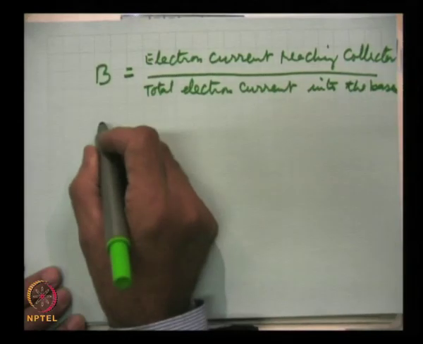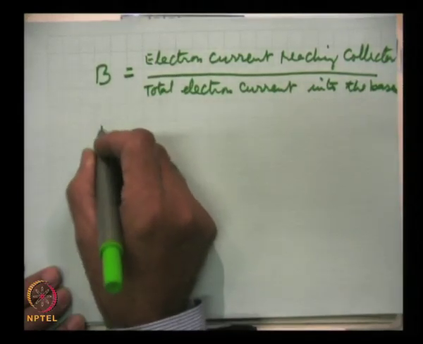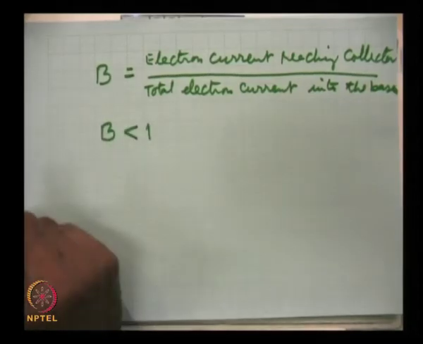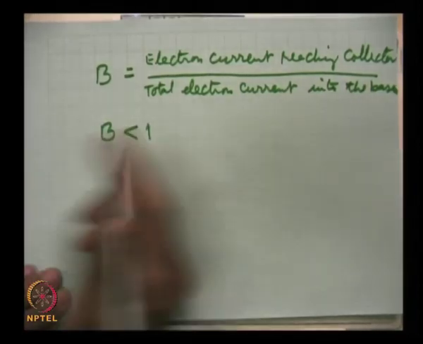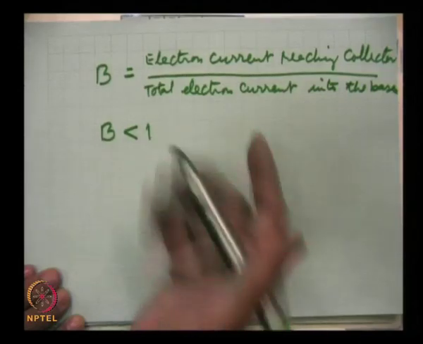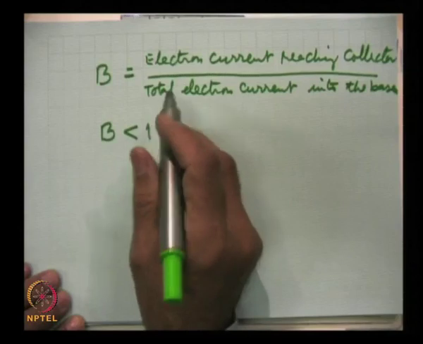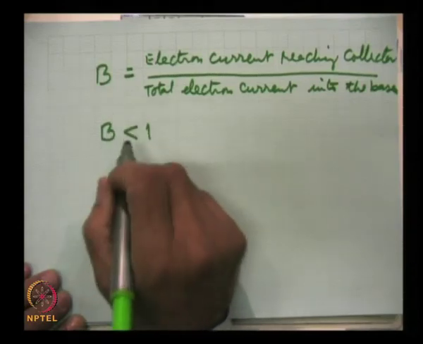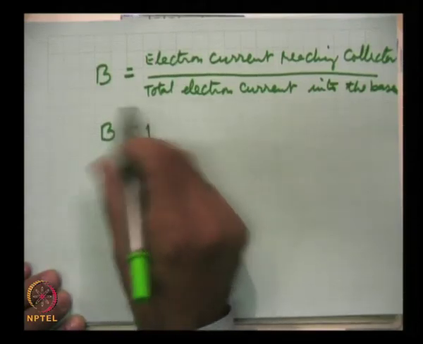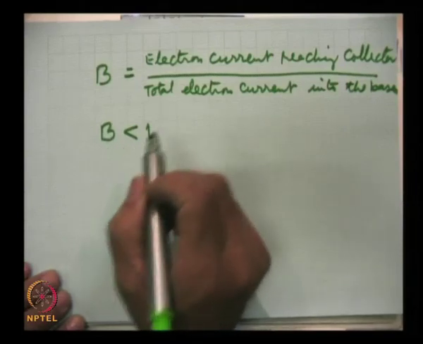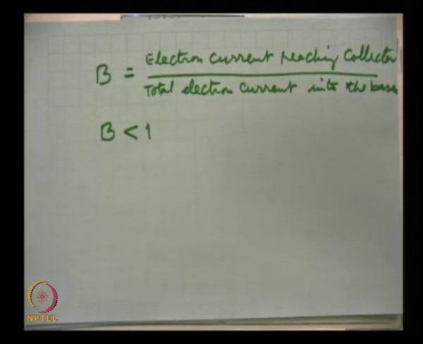So, obviously, this base transport factor B is less than 1. This is because of the electron loss in recombination in the base, and we can't get rid of that completely. So, how to make this base transport factor close to 1, that we will see.